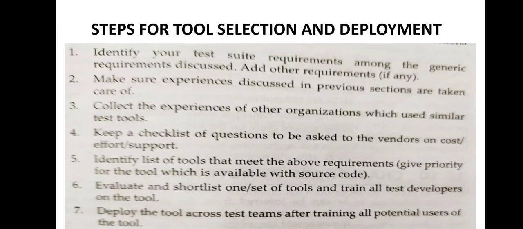So students, in this lecture we have learned about the generic requirements, process model, and steps for selecting a tool, criteria for selecting a tool, and at the end, how to deploy the tool into the software test automation process.